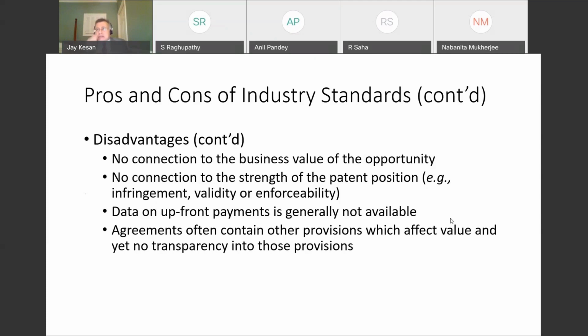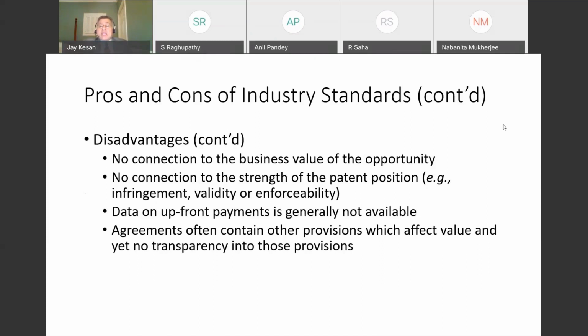Was it infringed? Was it found to be valid after a challenge? And so on. There's almost no data on upfront payments. Yes, it's 0.5% or 0.1% or whatever, but it was accompanied by a 250,000 upfront payment. Well, that data is very often not captured.